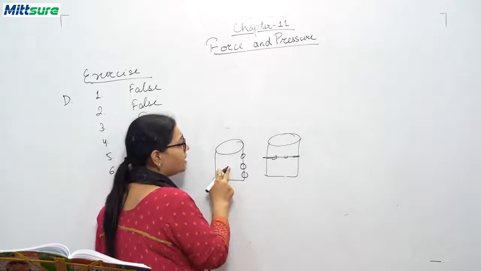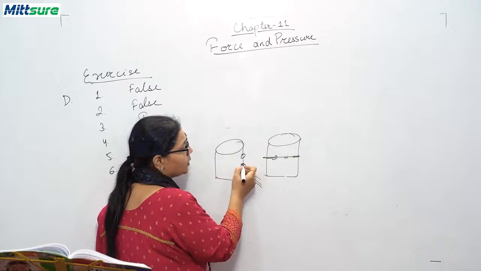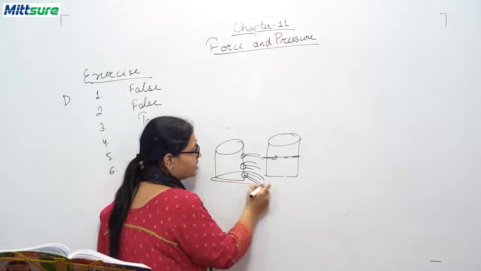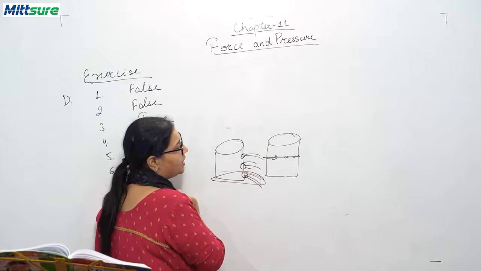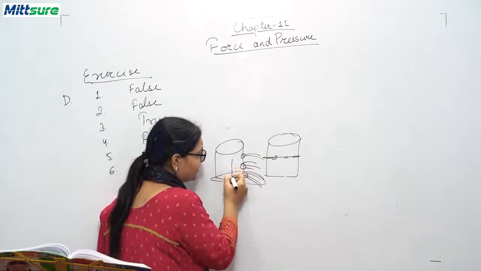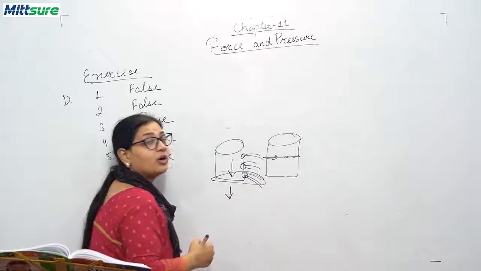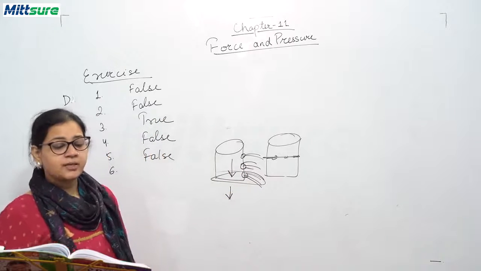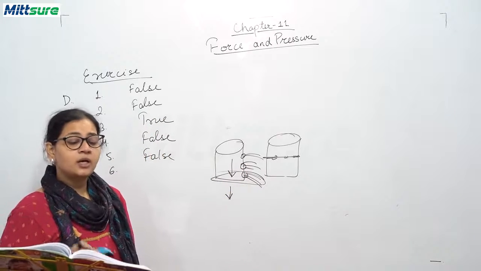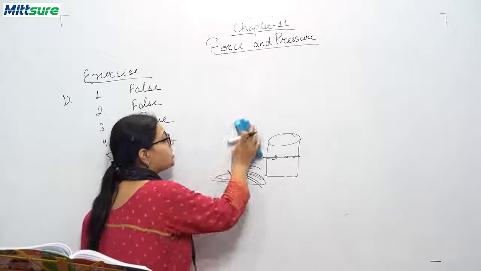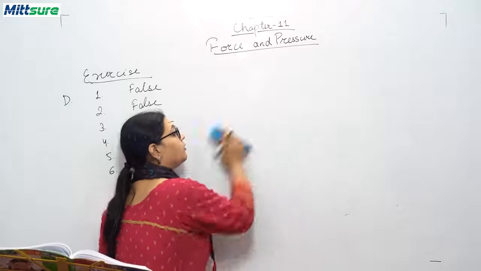And here the sprout starts coming first from here, then from here and finally from here, because the most pressure is at the bottom. So as depth increases, pressure also increases. So it's again, pressure exerted by the liquid decreases with depth or increases with depth. So it is also false.